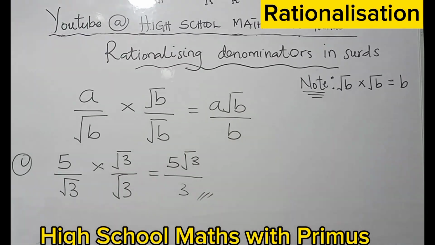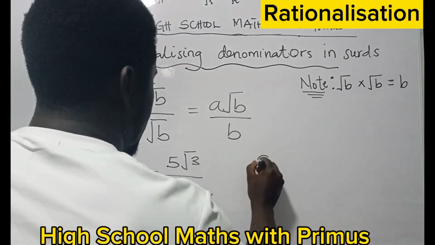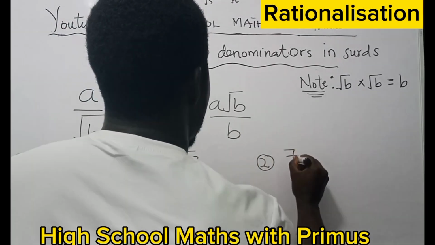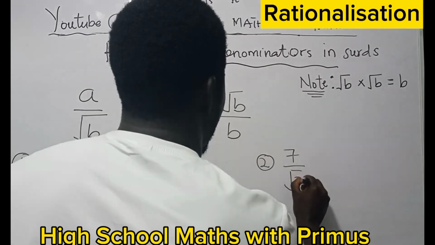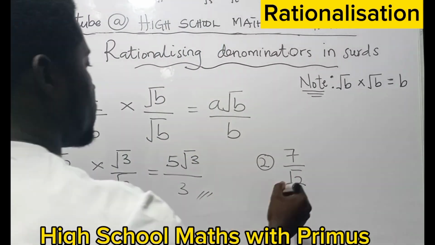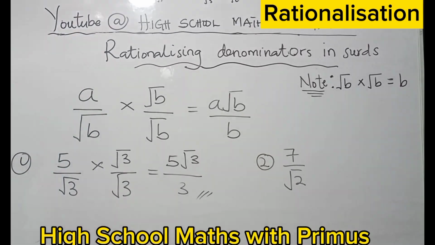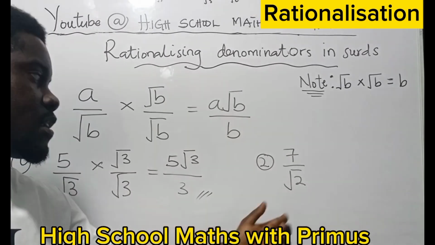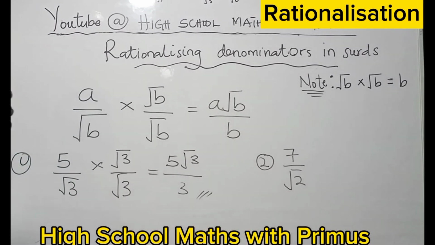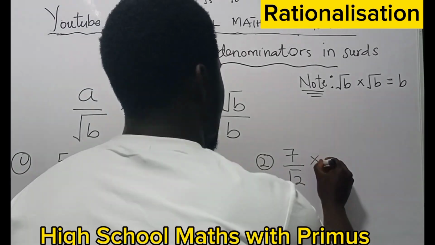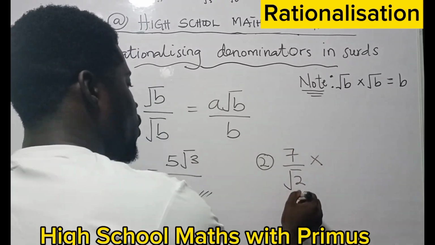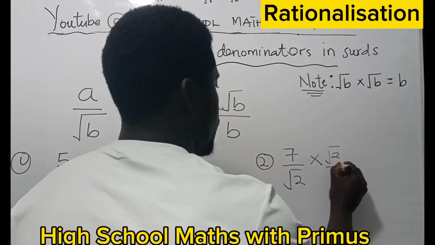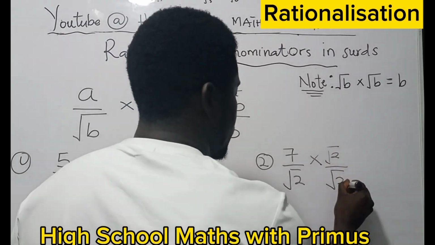Let's take a second example. Seven over root 2 is given. Now we can see that we have a denominator which is a surd, an irrational number. To rationalize the denominator, we multiply both the numerator and the denominator by root 2, over another root 2.